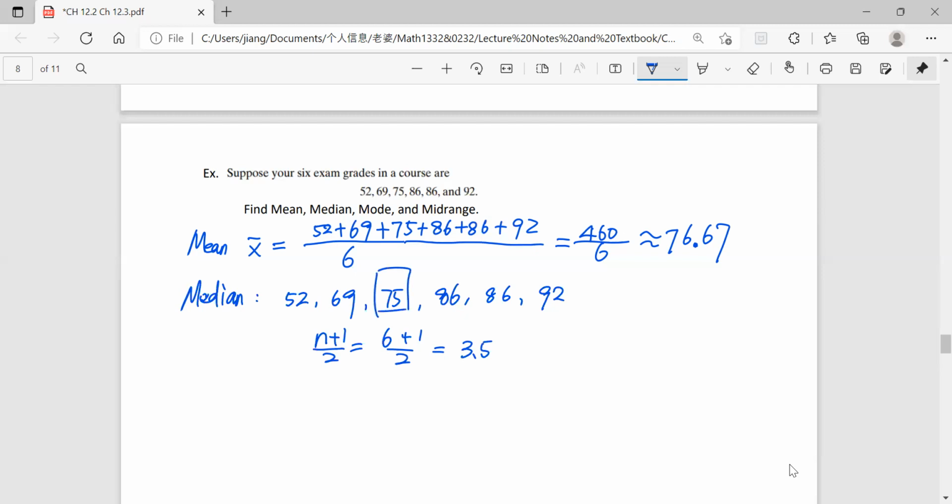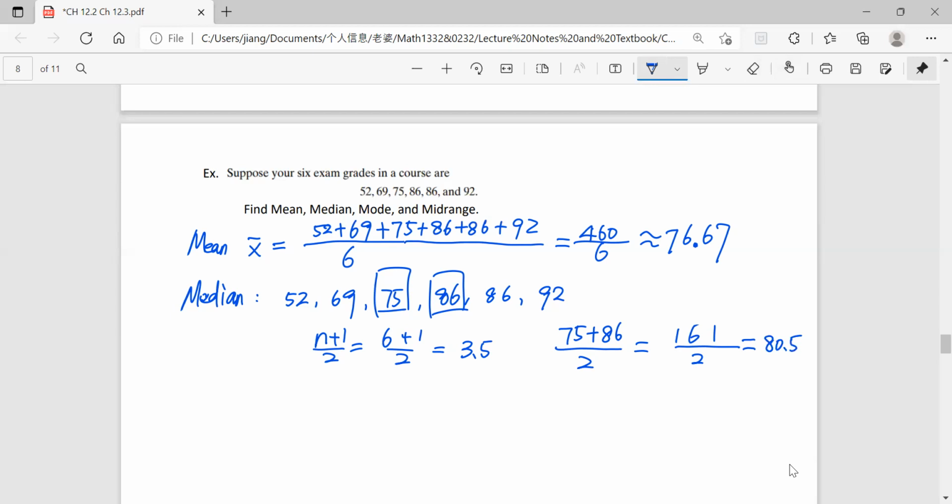So this is the third position, this is the fourth position. That means find the mean of these two numbers: 75 plus 86 over 2, that is 161 over 2, that's 80.5. So this is the median of your scores.